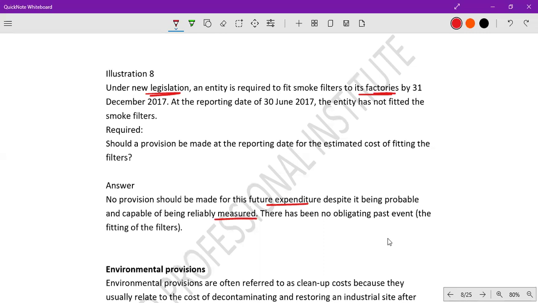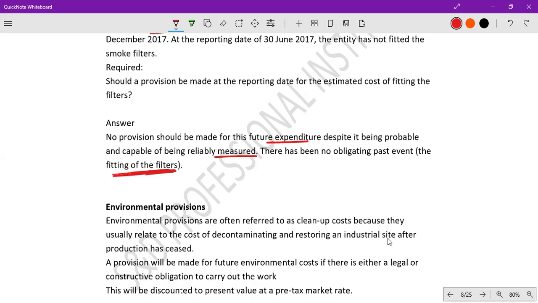There has been no obligating past event. So it means that even during that time, management can decide to opt out of the industry. So please be careful of future provision.